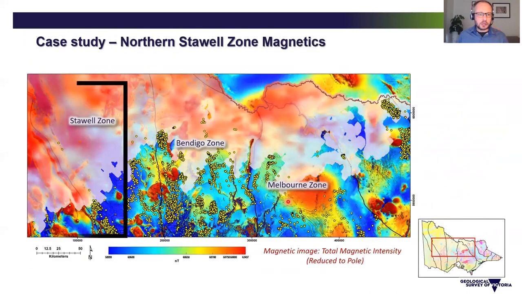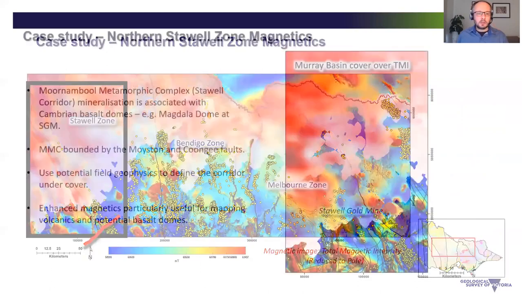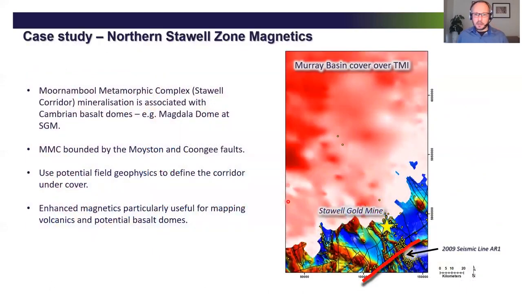And if we just have another look at further west in the Stawell zone, we've got another seismic line through there, the AR1 line from 2009. There it is there. There's the Murray Basin cover and TMI magnetics underneath.